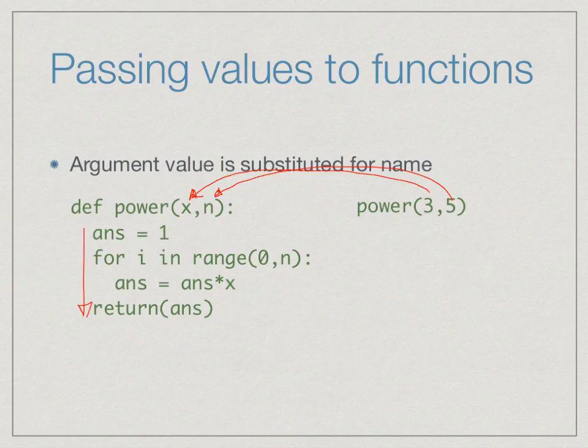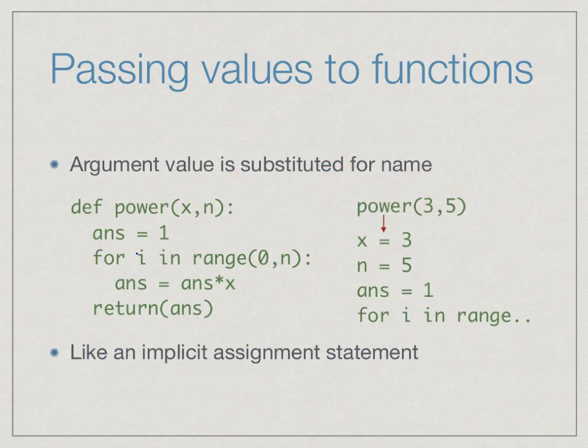You can imagine that when we run this code, it's as though we have this code inserted into our program at this point, preceded by this assignment. The assignment basically says set the value of the name x to the value passed, namely 3, and set n to 5. So this assignment is what takes place effectively when you call a function.